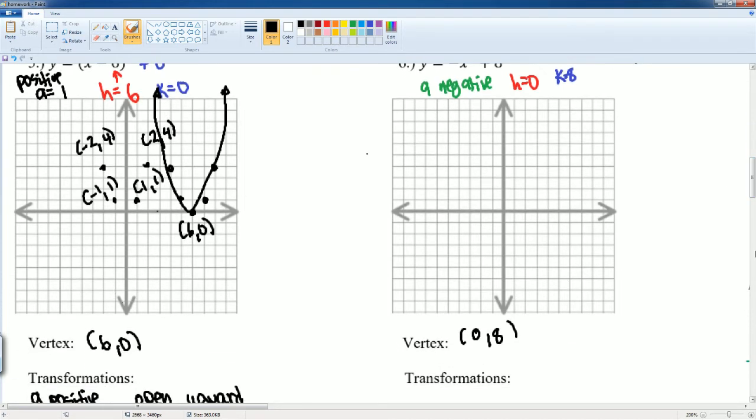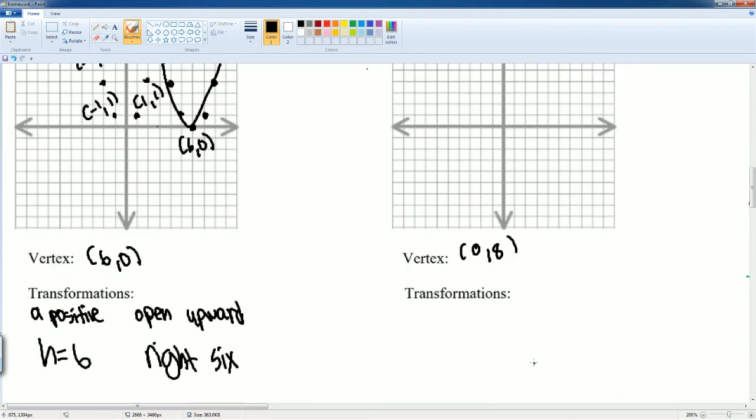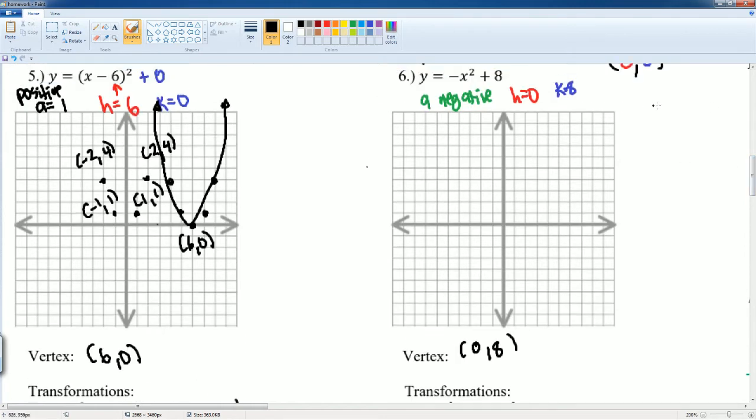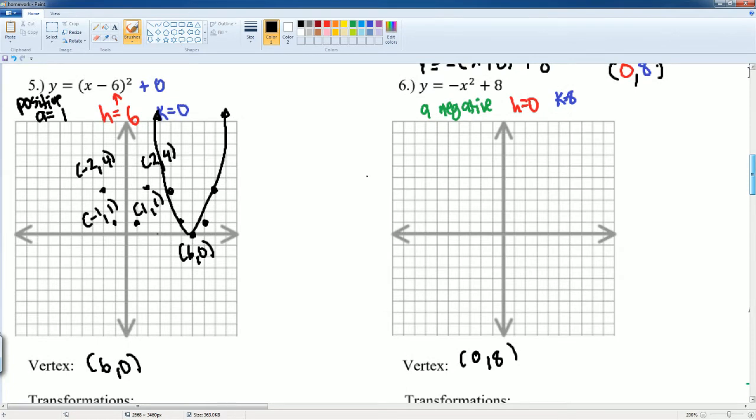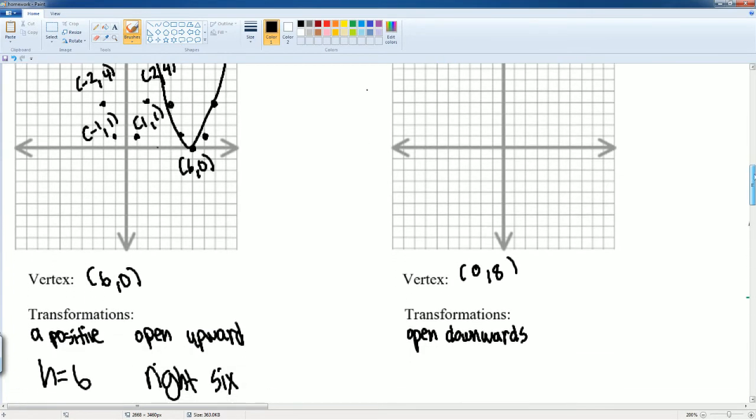Because it is a negative, it opens downwards. Is there a stretch? No, the a is still 1. h equals 0. Nothing happens left or right. But k is a positive 8. So this is up 8 units.